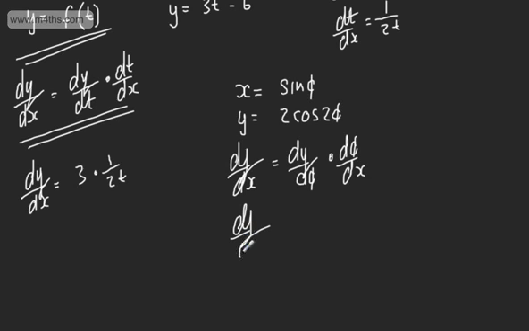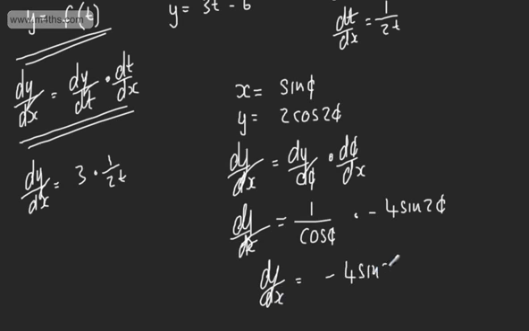So we can say dy by dx will be equal now to 1 over cos theta multiplied now by the derivative of 2 cos 2 theta, which is going to give me minus 4 sine 2 theta. So I could write now dy by dx would be equal to minus 4 sine 2 theta over cos theta.